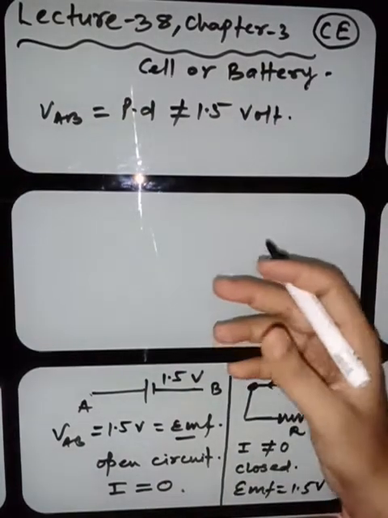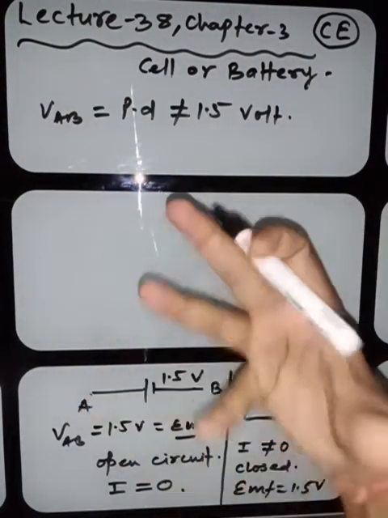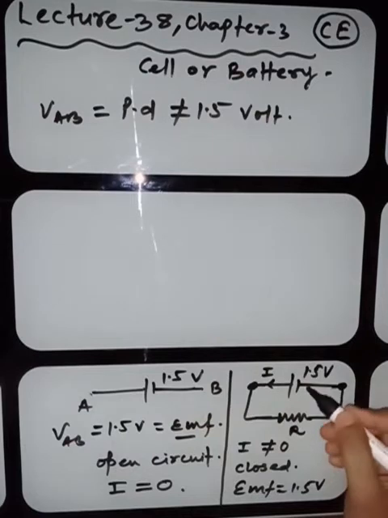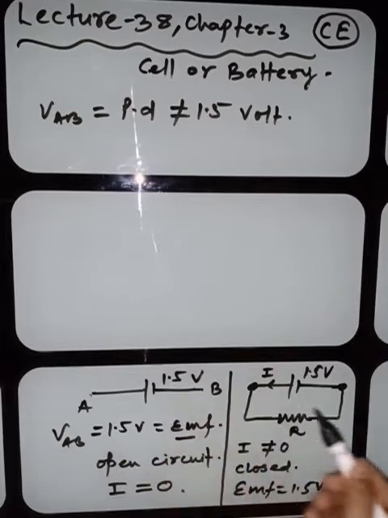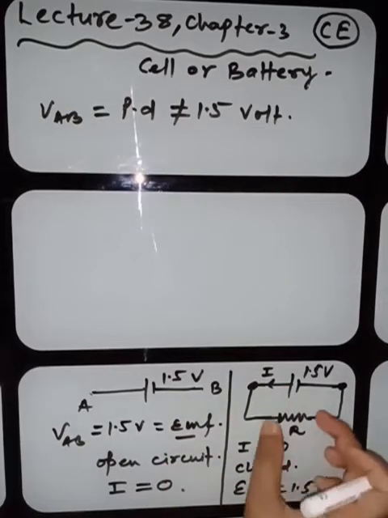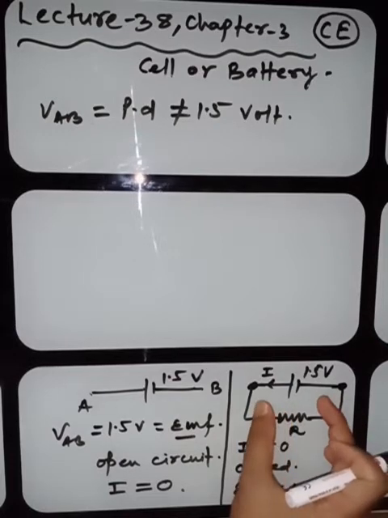Why? Where has this potential gone? Actually, here 1.5 volt is written, but where has this potential difference gone? If it is 1.5 volt, it should be 1.5 volt over here also. But the answer is that now the potential difference is not 1.5 volt actually.